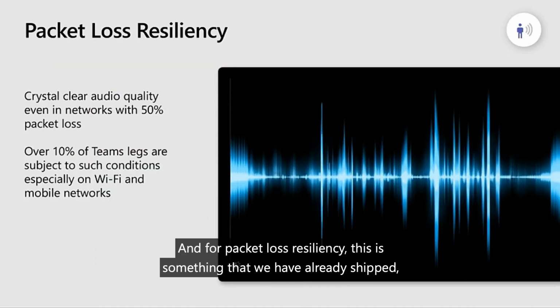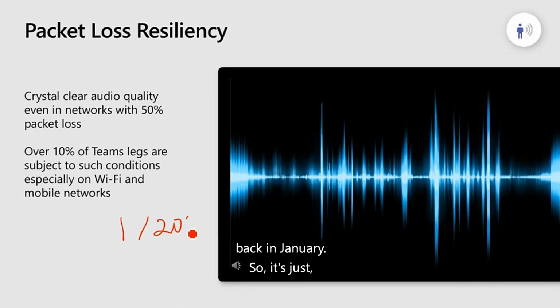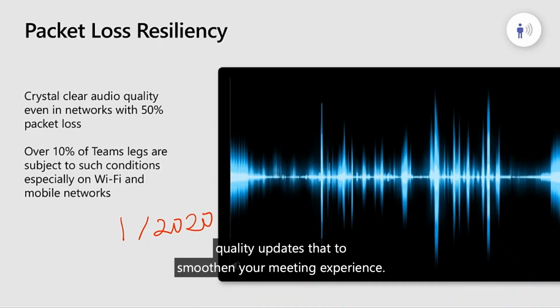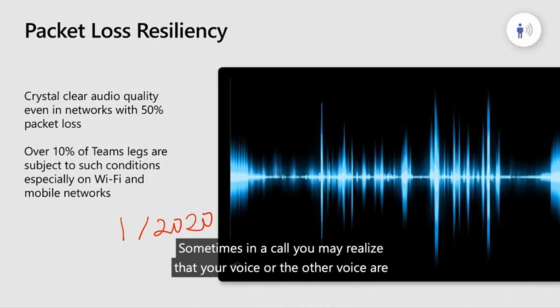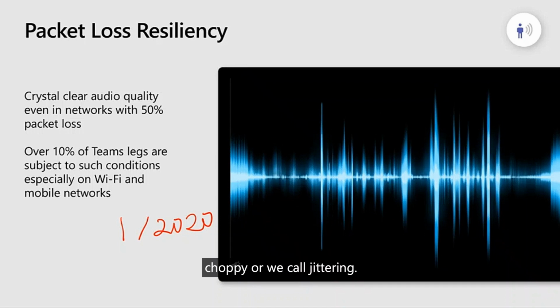And for packet loss resiliency, this is something that we already shipped back in January. It's just a quality update to smoothen your meeting experience, even if you're on poor networks. Sometimes in a call, you may realize that your voice or the other voice is choppy, or we call it jittering.